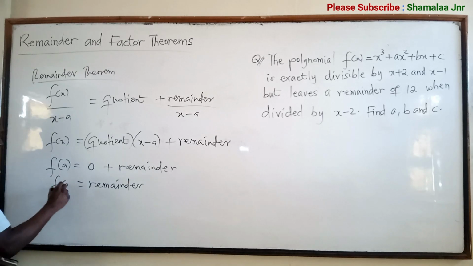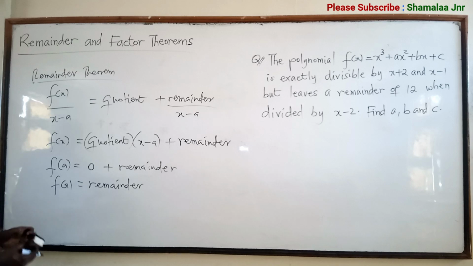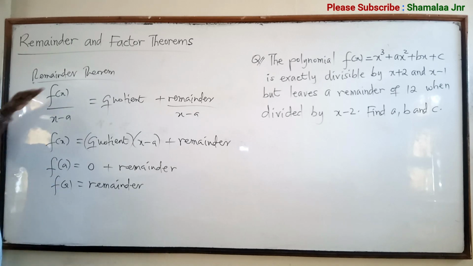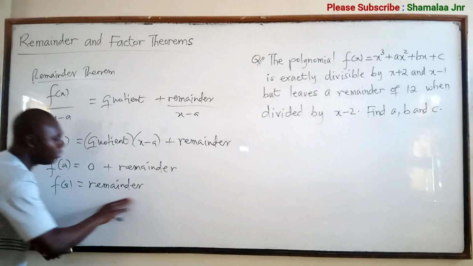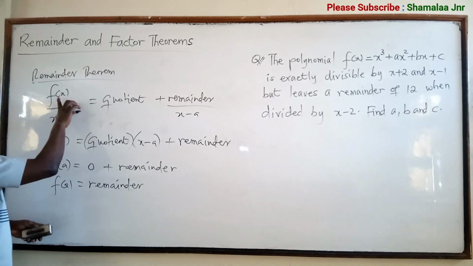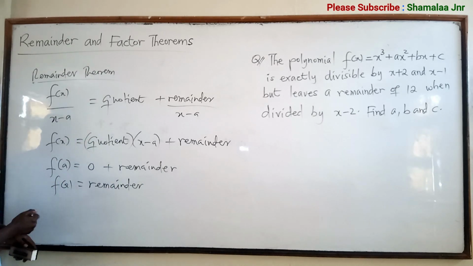So f of a will be equal to the remainder. Are you seeing it? What this means is that if a polynomial f of x is divided by x minus a, then f of a will be the remainder.